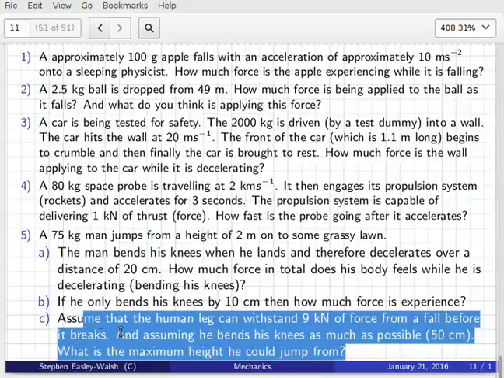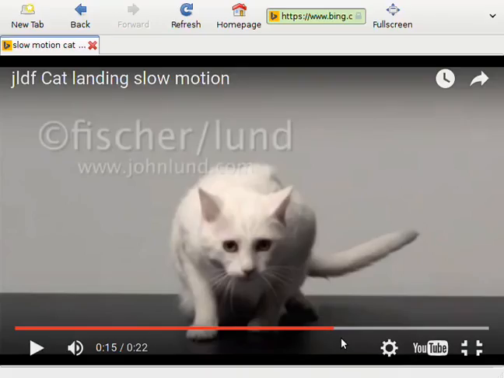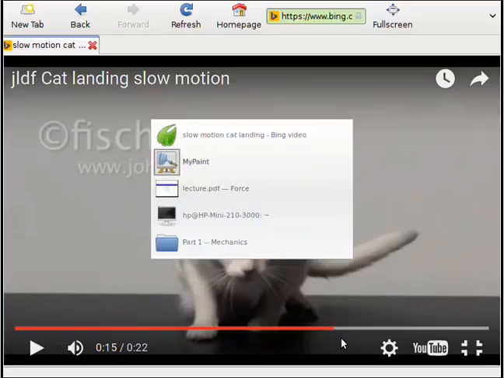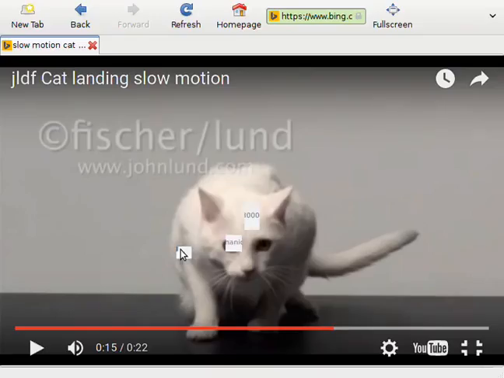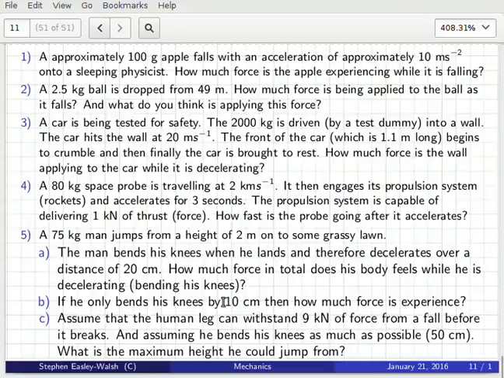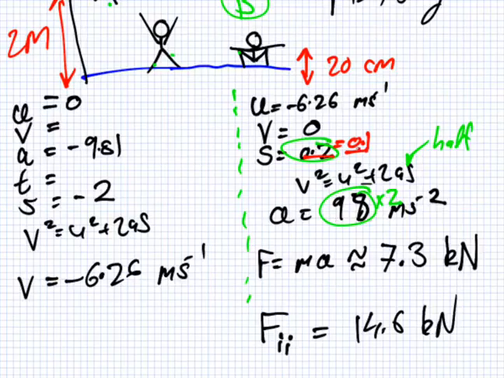Wait, the cat hasn't landed yet. Now, look. For the second part, B, that's from the point where he lands to the point where he stops moving. So in the video, it's from this point, and then you see the cat is slowing down, its legs are bending, and then it has stopped.